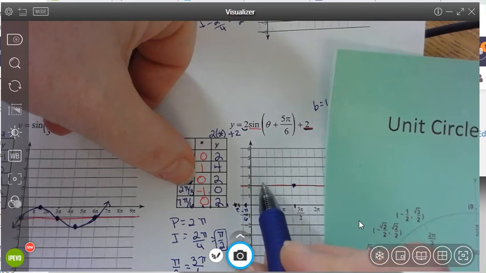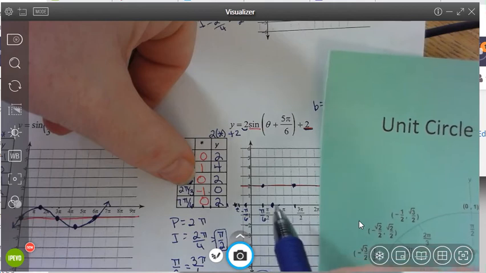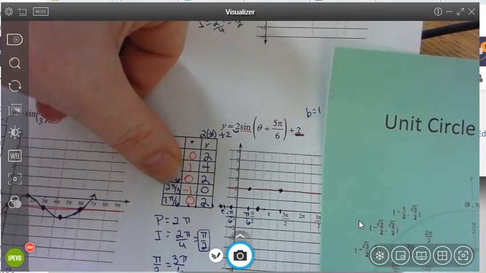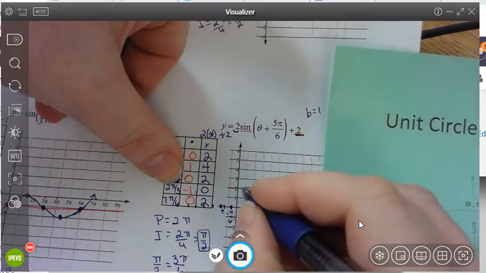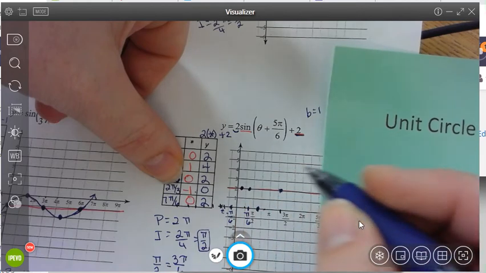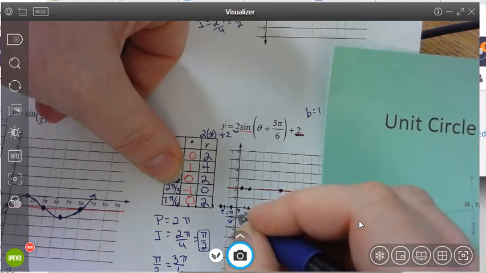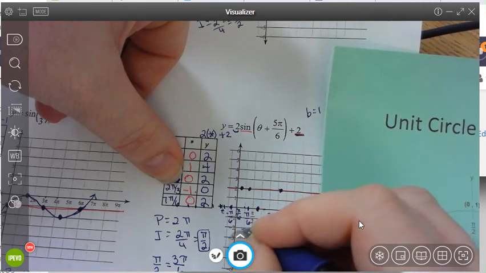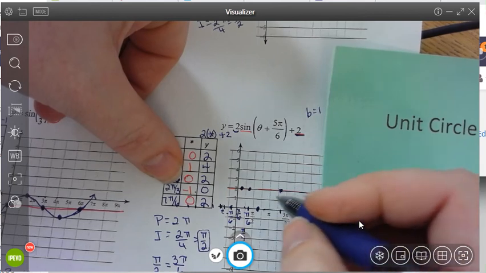And pi over 6 should have been there. It's only 15 degrees off. Oh, you know what? This is pi over 4. I messed up, because this is pi over 4, so this number should have been here. This should have been pi over 6, because this number is pi over 4. That's what's messing me up.